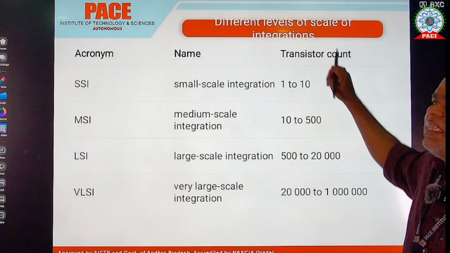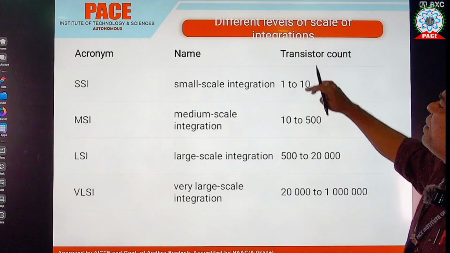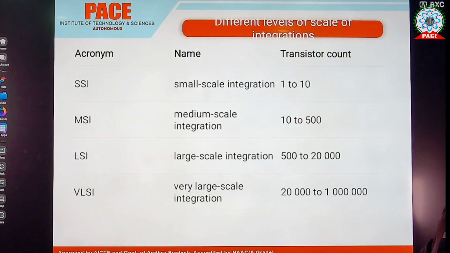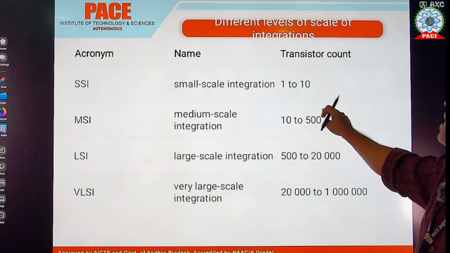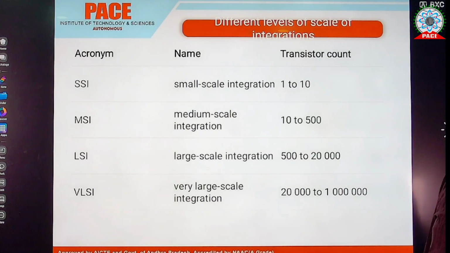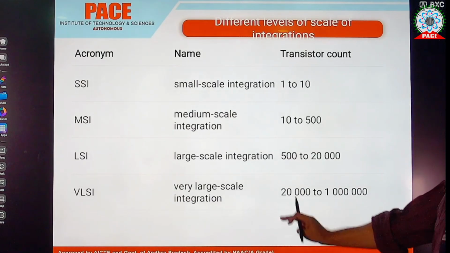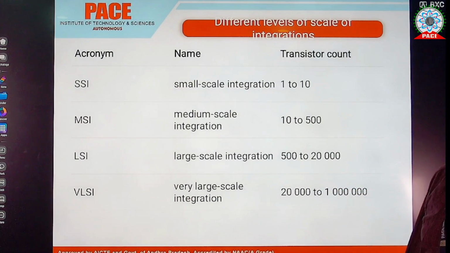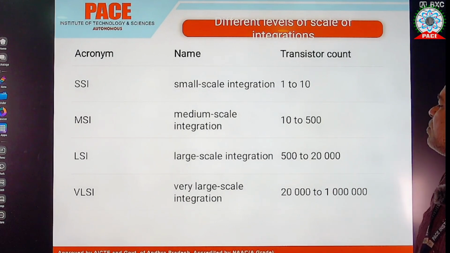SSI is small scale integration, MSI is medium scale integration, with a transistor range of 10 to 500. Coming to LSI, large scale integration, 500 to 20,000 transistors are required. Coming to VLSI, you need about 10 lakh transistors.